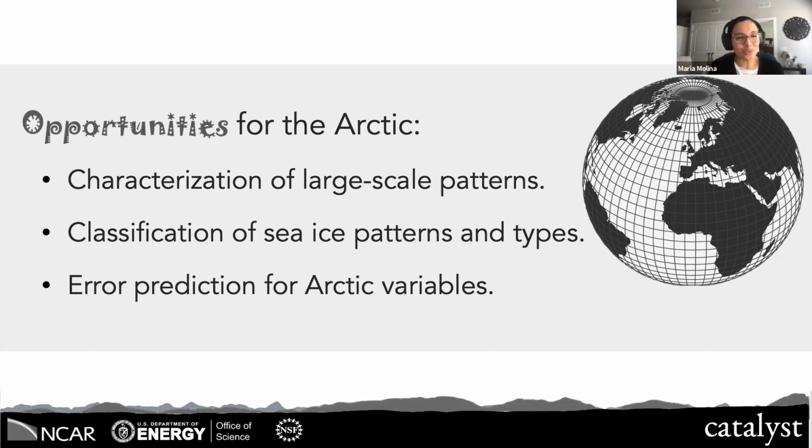I'm not quite well versed in how much error there is in the Arctic. I would imagine so, given that it's a less densely populated area, but for example, for precipitation on the subseasonal timescale, skill is very low from our numerical models, but we are seeing that we can potentially improve predictions there. So hopefully that can help other regions of the globe as well.